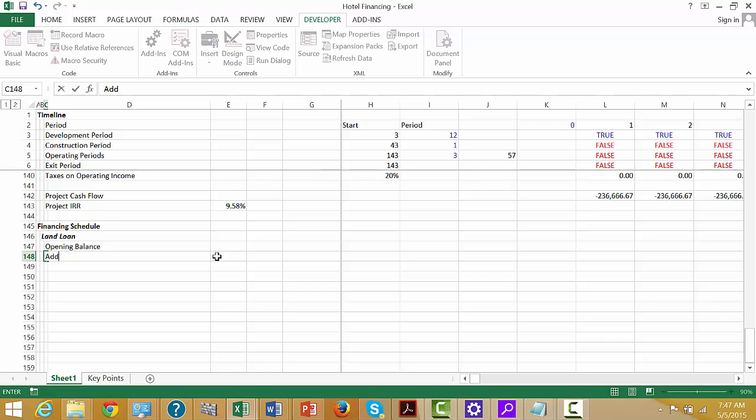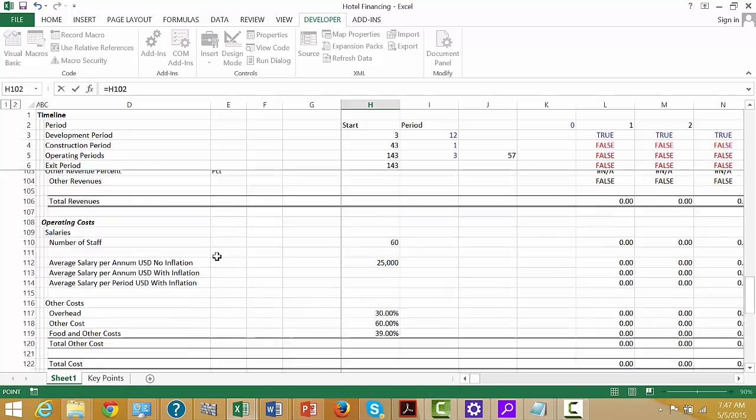We better add the draw, which is going to be at the time we spent money on the loan, and then less the scheduled repayment.